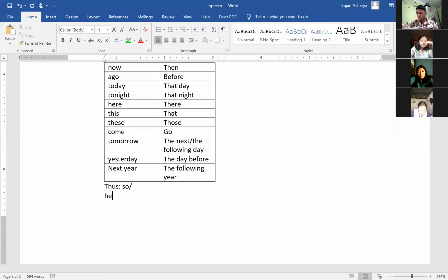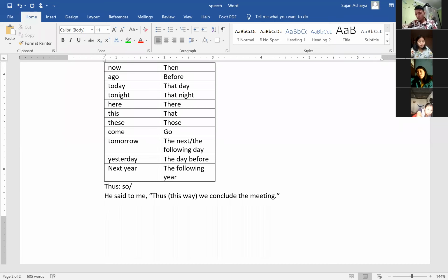For example, he said to me, thus we conclude the meeting. He told me that, thus they concluded the meeting, or he told me that, so they concluded the meeting.